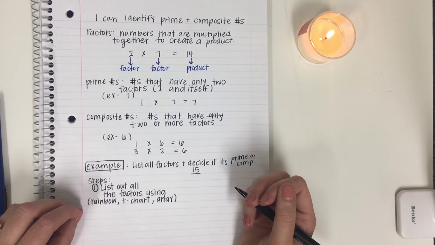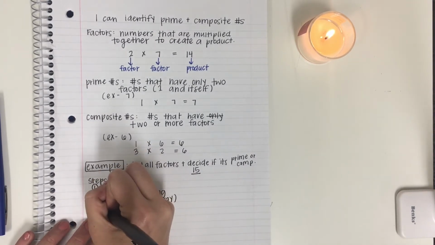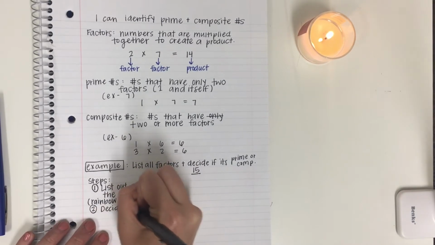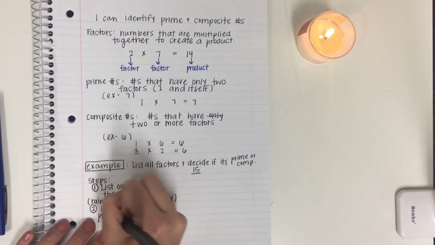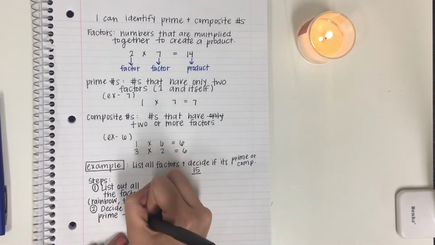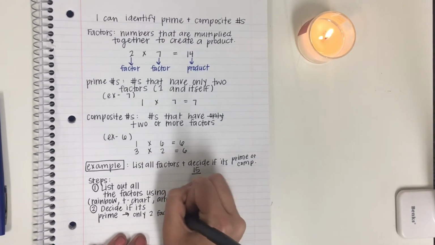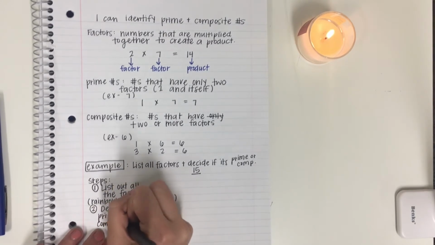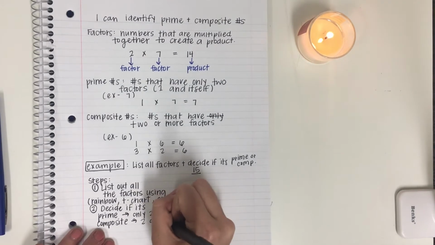Step 2 is decide if it's prime, which is only 2 factors, or composite, which is 2 or more.